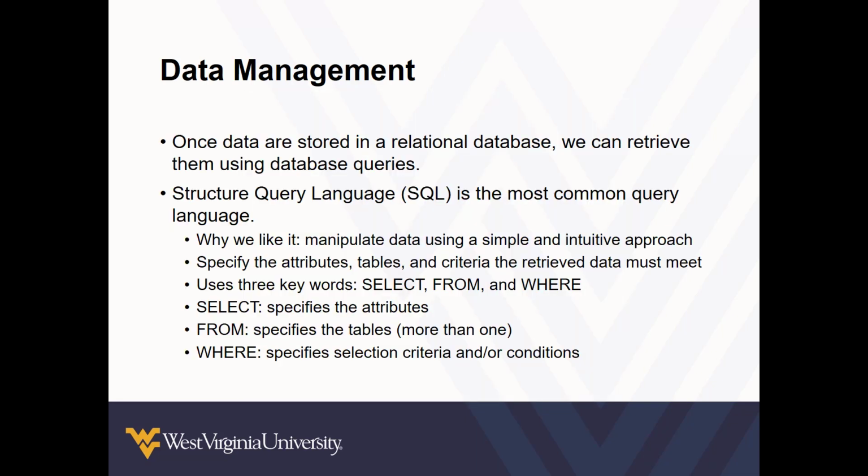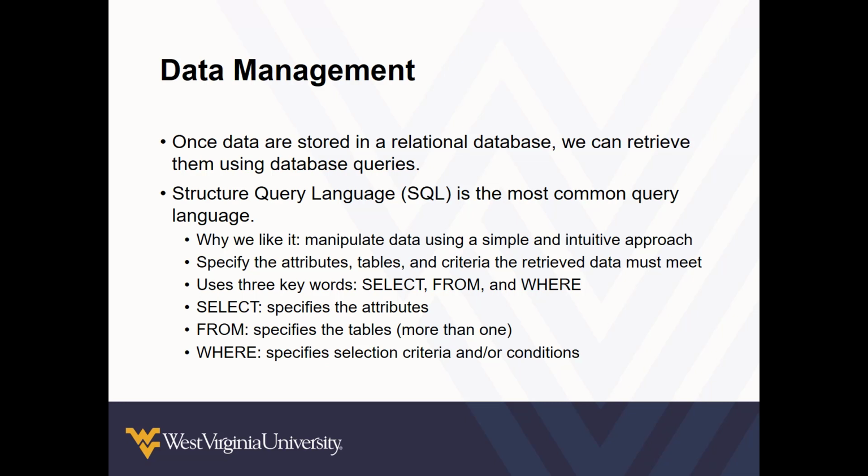Once data are stored in a relational database, we can retrieve them using database queries. Structured query language, or SQL, is the most common query language. We like it because we can use it to manipulate data using a simple and intuitive approach.